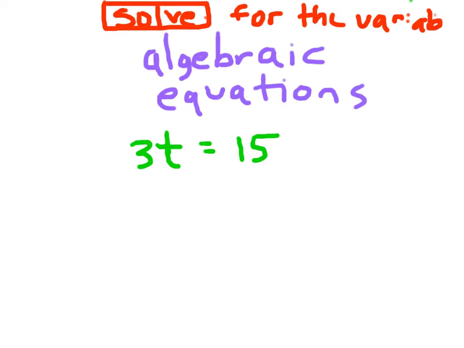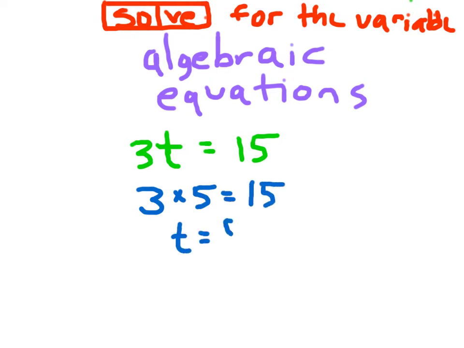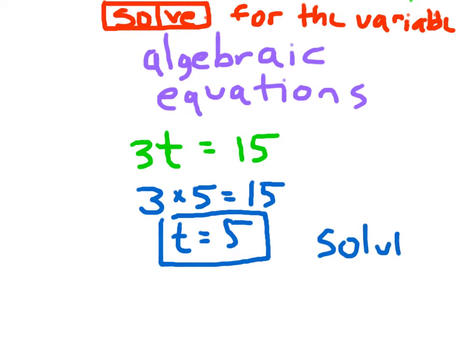So we're solving for t. 3 times t. 3 times some number equals 15. 3 times 5 equals 15. So t equals 5. This is how we write our solution for an algebraic equation. And that's what's called a solution. And so we have solved that algebraic equation.